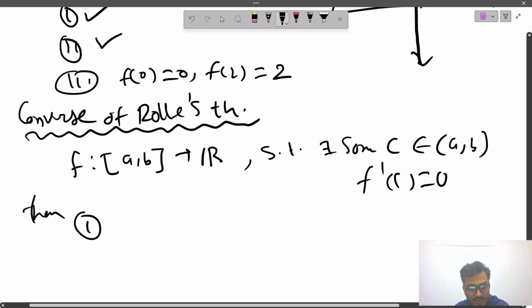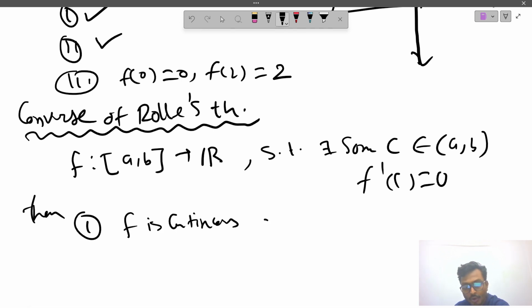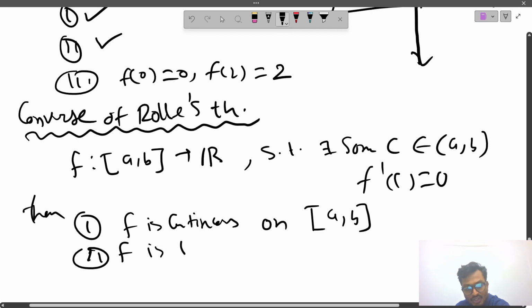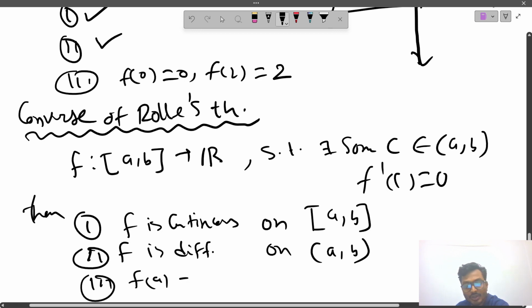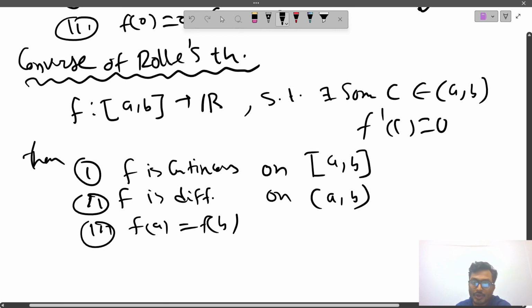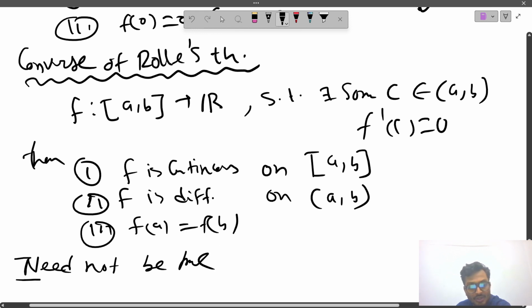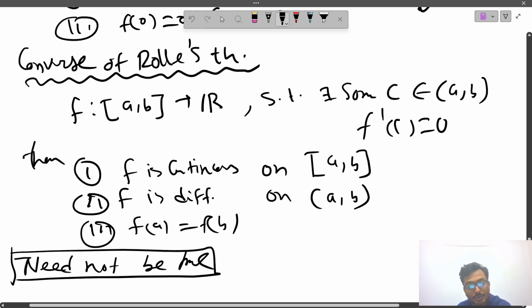First condition, f is continuous on [a, b]. Second condition, f is differentiable on the open interval (a, b), and third, f(a) equals f(b). This is the converse of Rolle's theorem, but it need not be true.